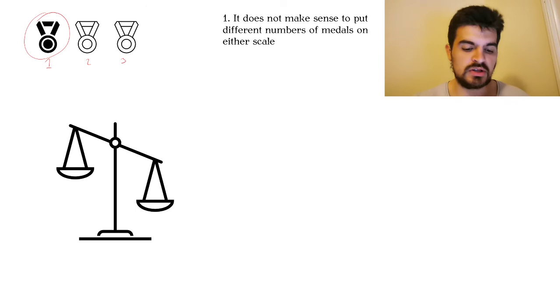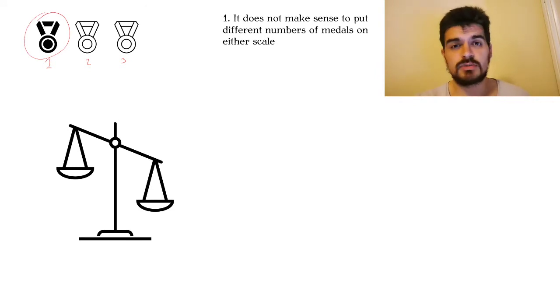But from the first example, we already know that it does not make sense to put different numbers of medals on either scale, right? It doesn't seem like we have a lot of different options here, because even if we decided to put different numbers of medals, it can only be 2 versus 1, because putting no medals on either side doesn't make sense, and we only have 3 medals.